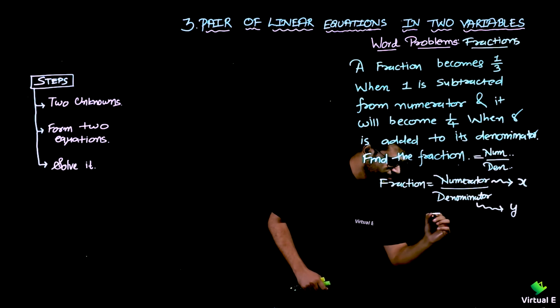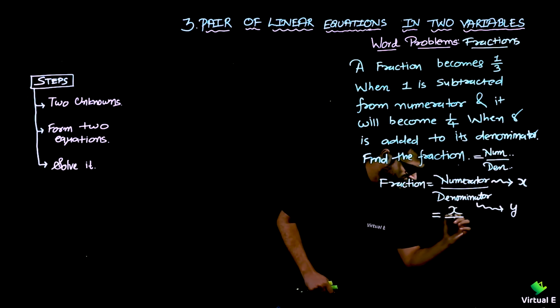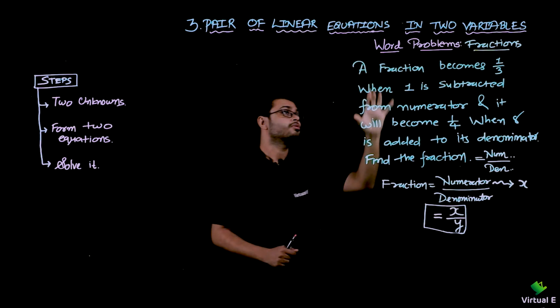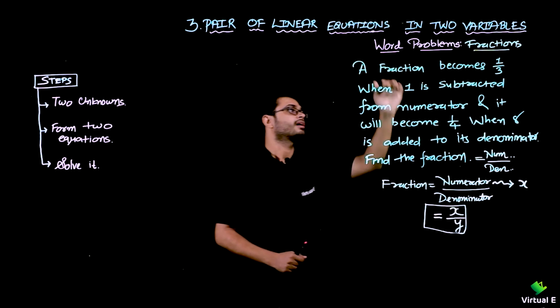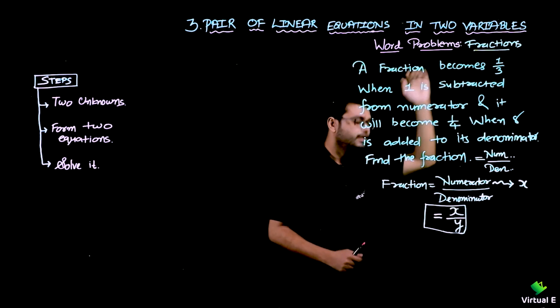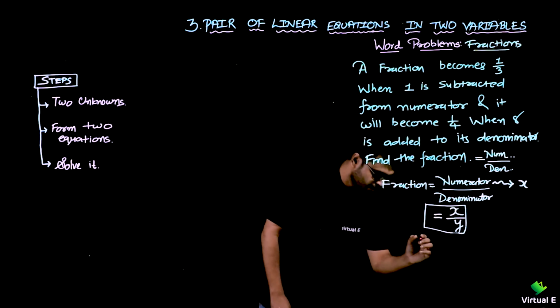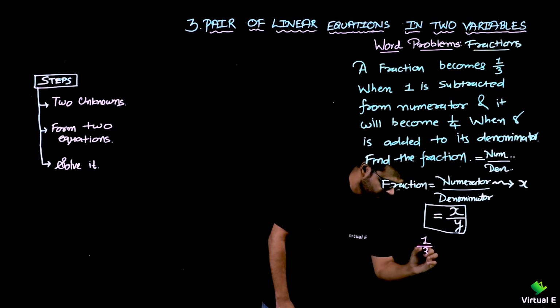The reference I will always be taking is x over y. So let's only think about the first condition and make the equation. A fraction becomes 1 over 3. So my fraction will become 1 over 3.